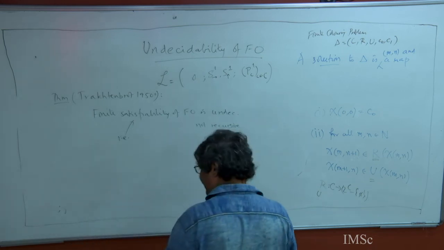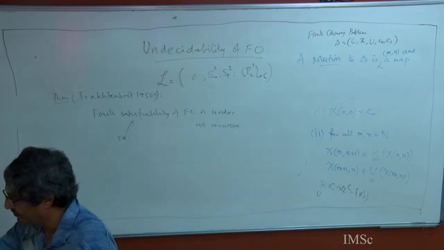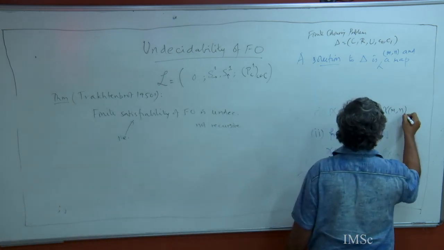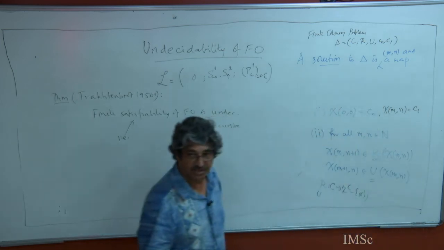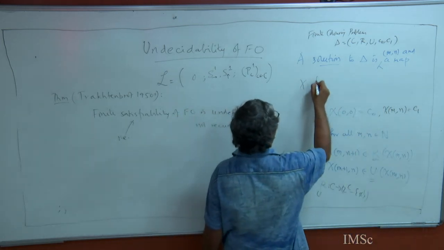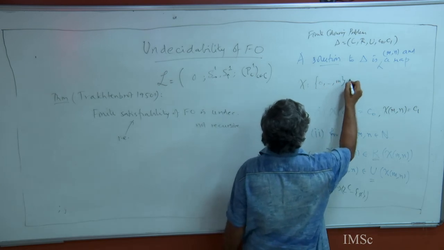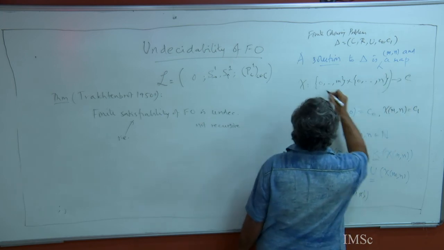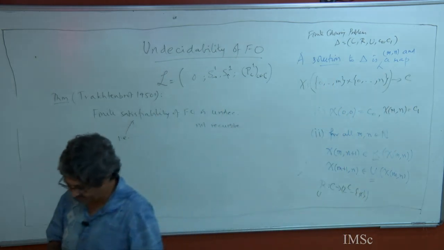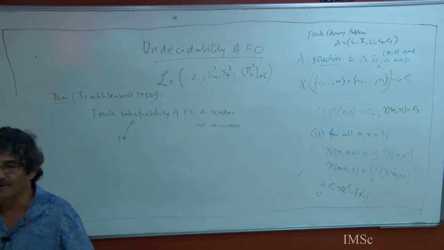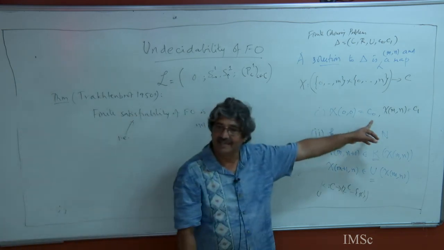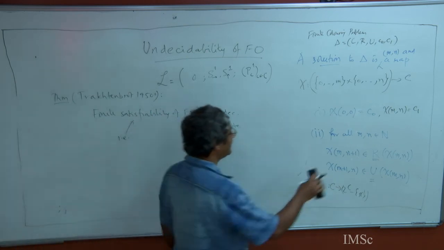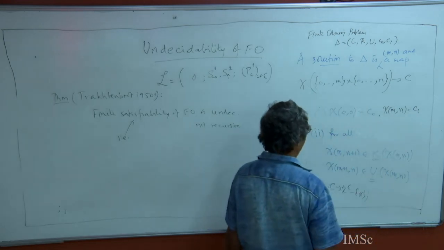So chi of 0, 0 is C0 and chi of m, n equals C1. So chi is a map from what to what? From 0 to m, 0 to n, to C, such that the origin is colored C0, the other end of the rectangle is colored C1, and it is not for all m, n. Oh, I have written it as m, n.